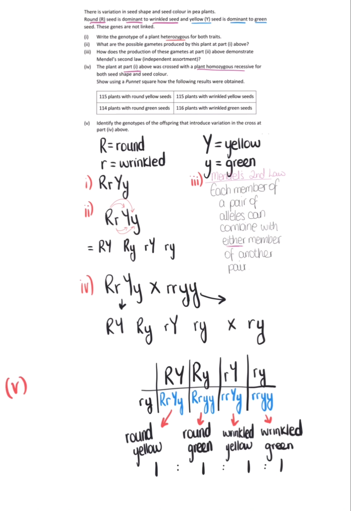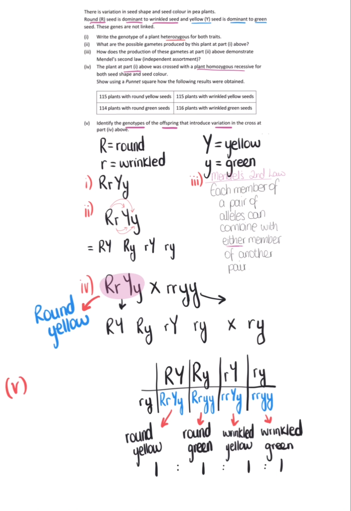The last part of this question says, identify the genotypes of the offspring that introduce variation in the cross at part 4 above. To tackle this question, you need to know the phenotypes of the parents. The first one here, capital O, capital Y, small y, is going to be round and yellow.